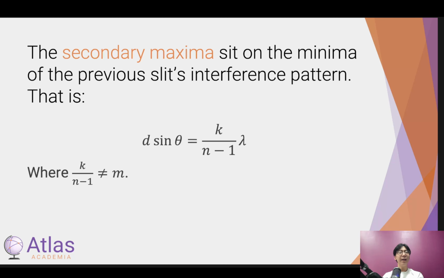Once again, if k on n-1 is equal to an integer, then this collapses to the condition for constructive interference, so that's no good. Okay, let me ask the same question now. How many secondary maxima should we expect between principal maxima?